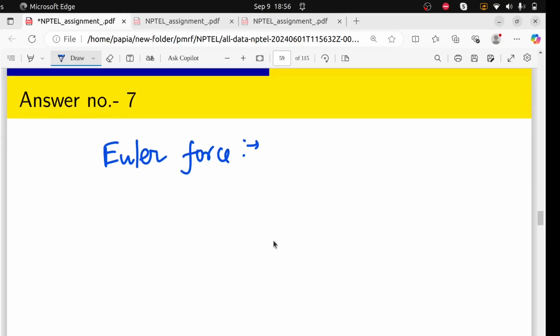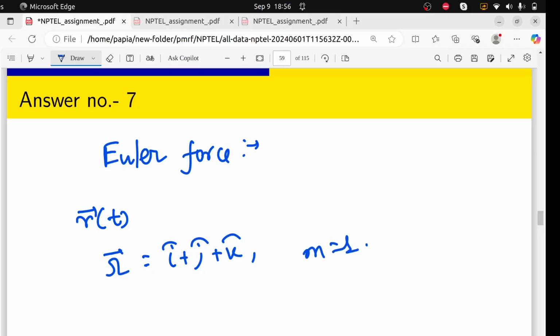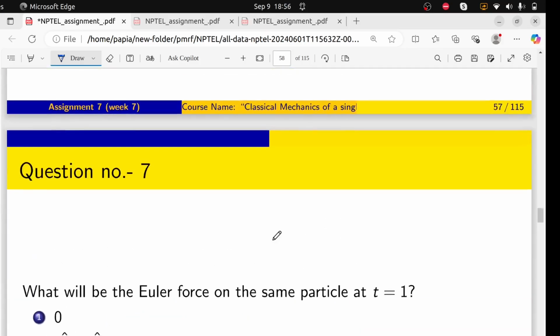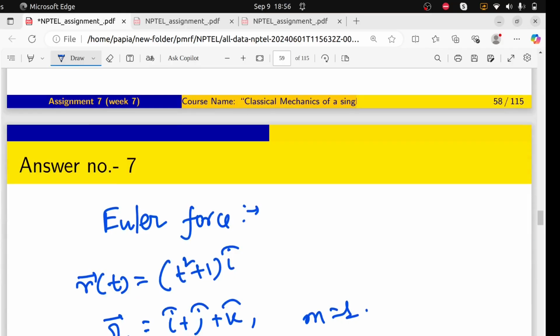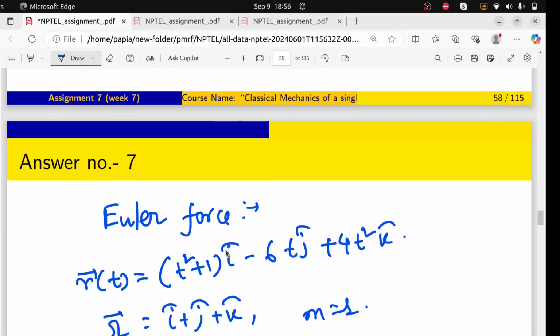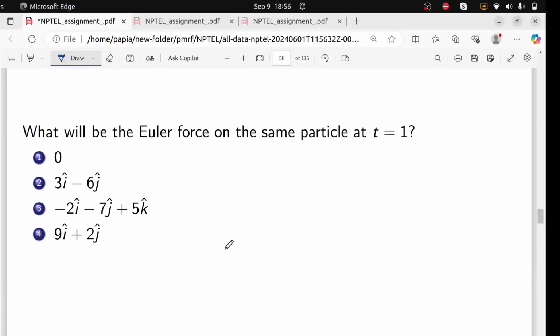Same particle means whatever equations were given: m equals 1, and r(t) is (t square plus 1) i cap minus 6t j cap plus 4t square k cap. These were the cases. So, Euler force.